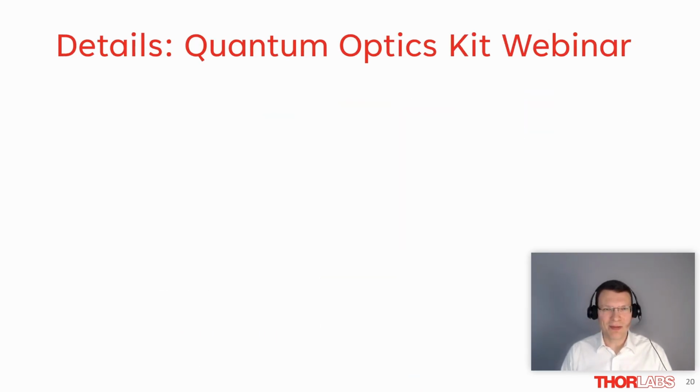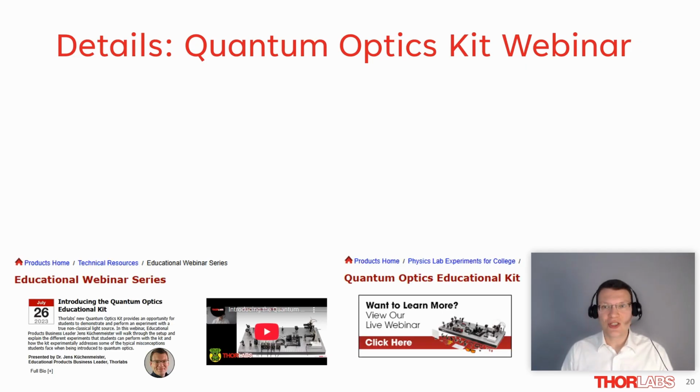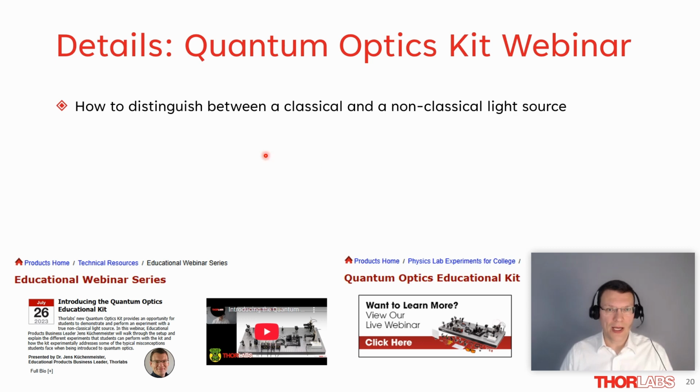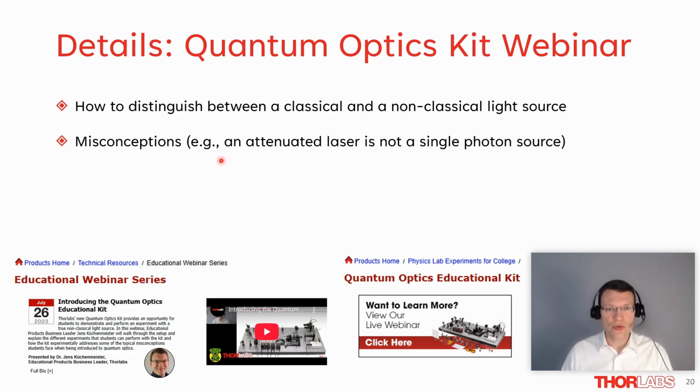I don't have time to get into too much detail for the Quantum Optics Kit itself. Just know there's a webinar that you can look at. You find it either through our webinar series or on the product page of the Quantum Optics Kit. In it, I describe in detail what you can do with the kit. For example, you can distinguish between a classical and a non-classical light source with a measurement. We address misconceptions.